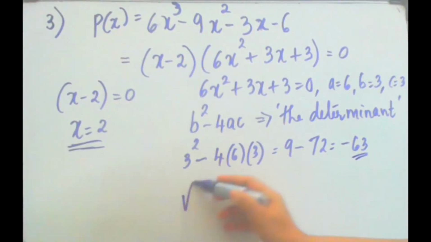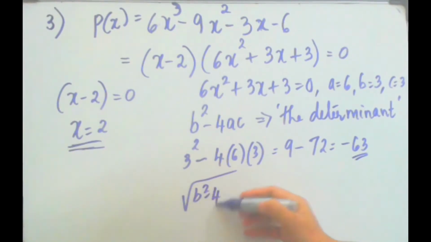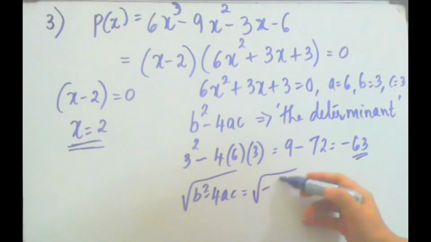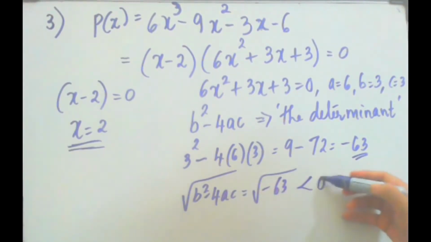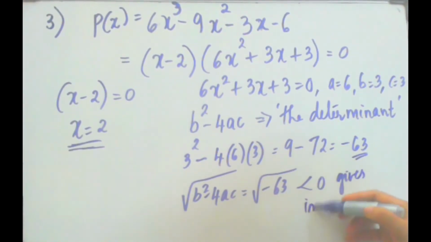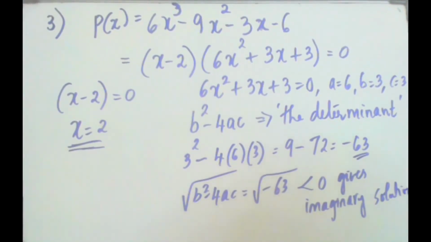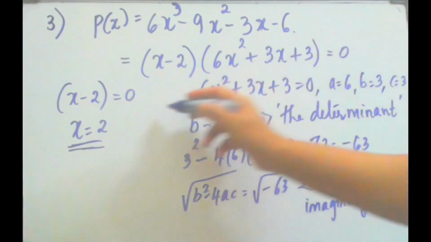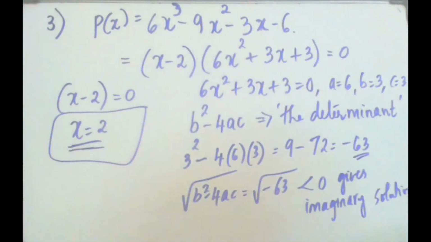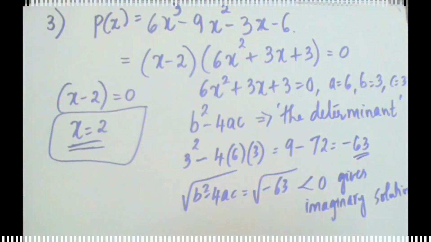So square root of b square minus 4ac is square root of minus 63, which is less than 0, gives imaginary solutions. Therefore, this polynomial has only one real solution, which is x is equal to 2, and hence proved.